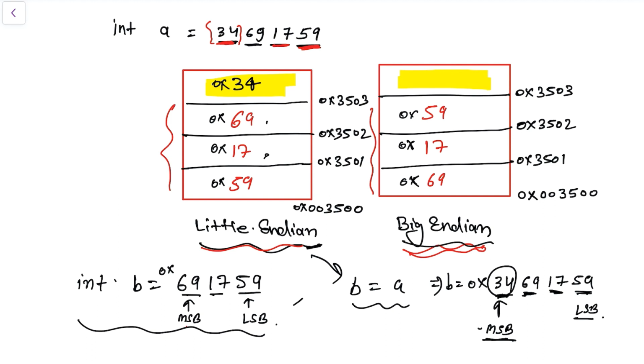But in big Endian, as per the definition, big Endian says that the MSB should come at the lowest location. So in this case, what will happen? It will store here first 0x34, and then it will store 0x69, and then it will store 0x17, and then finally it will store 0x59.